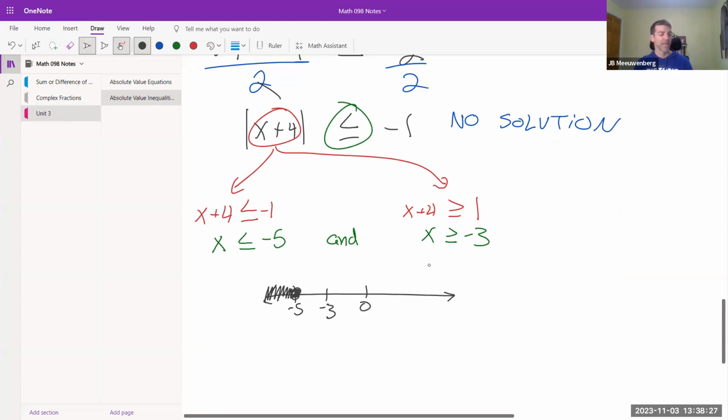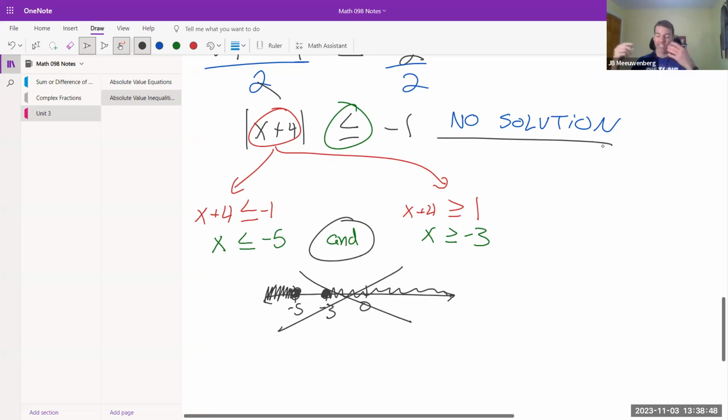Greater than or equal to negative 3 is shaded here. Because this was less than, which means it's and, this has to be where those two lines overlap, and they don't actually overlap anywhere, which means there are no numbers that make both of those true. Another way to see that it is no solution.